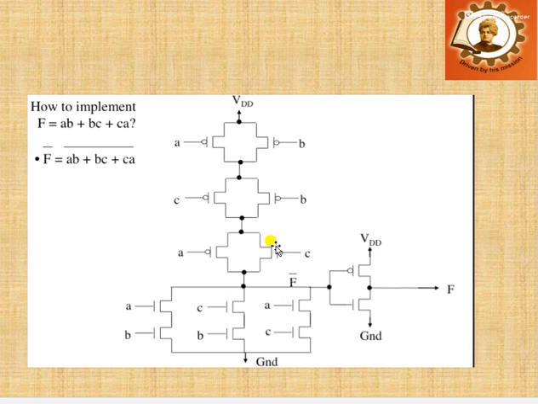This pull down network is again converted to a pull up network just by reversing our series connection to parallel connection and parallel connection to series connection, and by replacing NMOS with PMOS. So here we are getting two PMOS A and B in parallel, C and B two PMOS in parallel, A and C two PMOS in parallel.